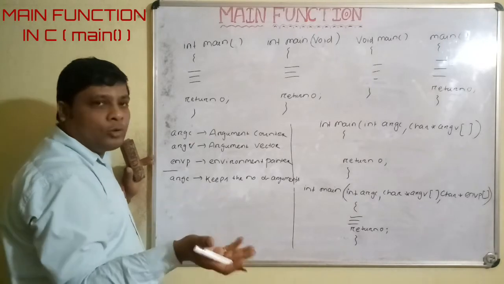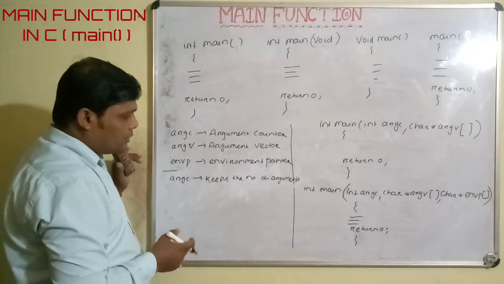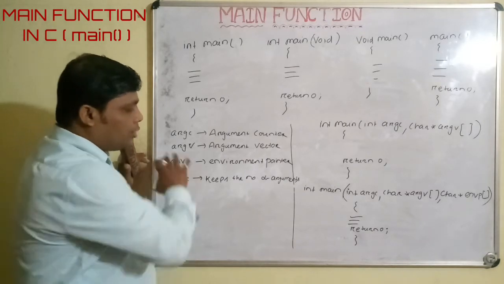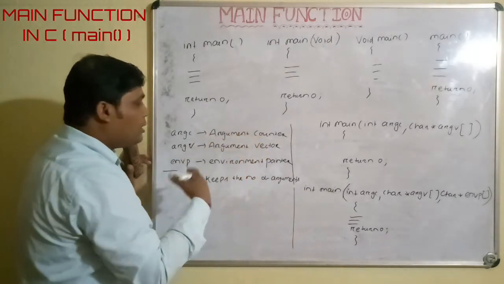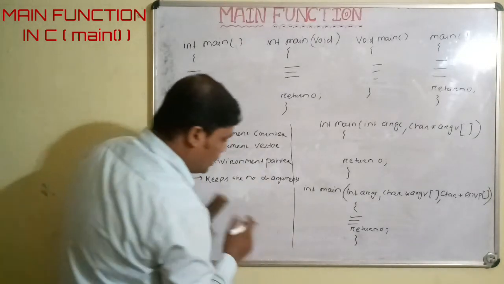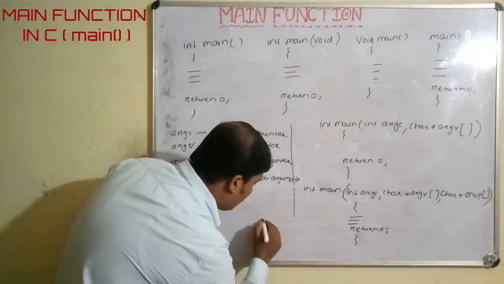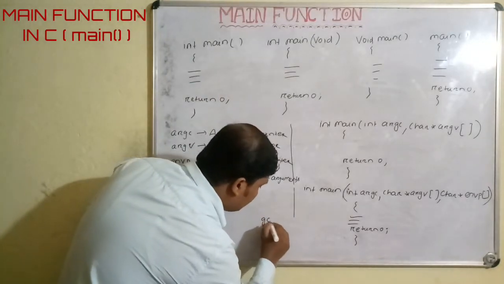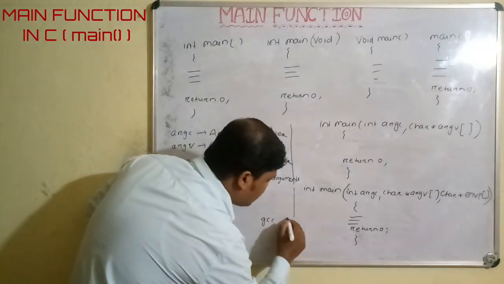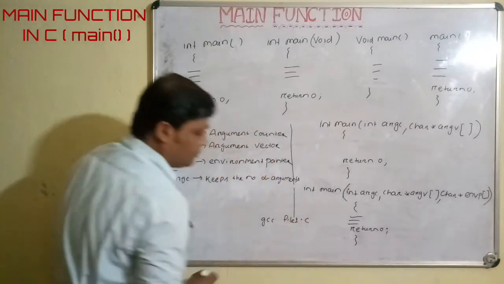Suppose you have an Ubuntu operating system, like a Linux operating system. In the terminal you are executing your program. Suppose in the terminal you type gcc, space, suppose the file name is file1.c.